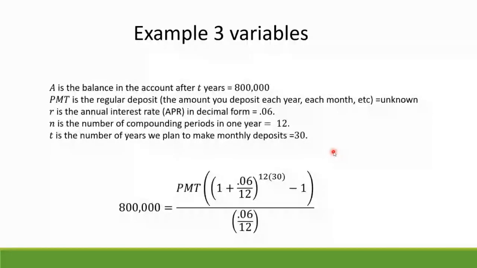So it's just like before. We have to figure out what our monthly payment, what our monthly deposit is. We're going to use the same formula because we're making many deposits. Not only that, but we have our values of the variables here. The balance, which is what we want after T years, is $800,000. We don't know what the monthly deposit is.